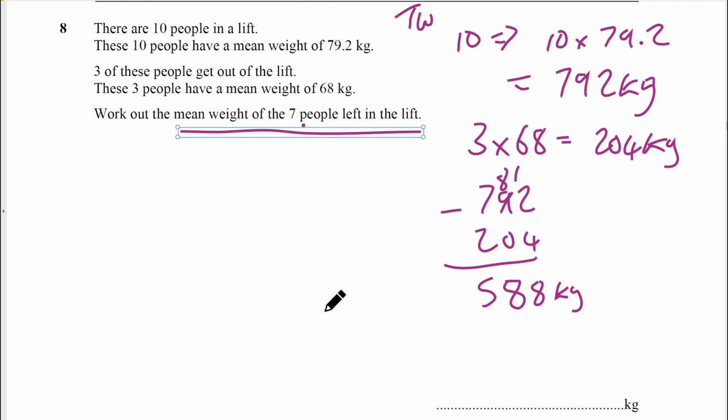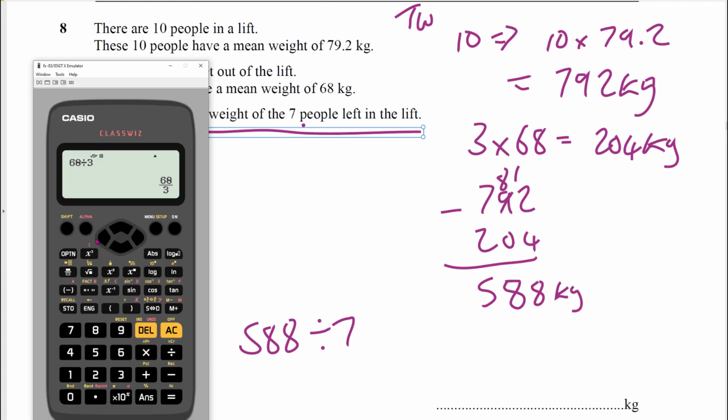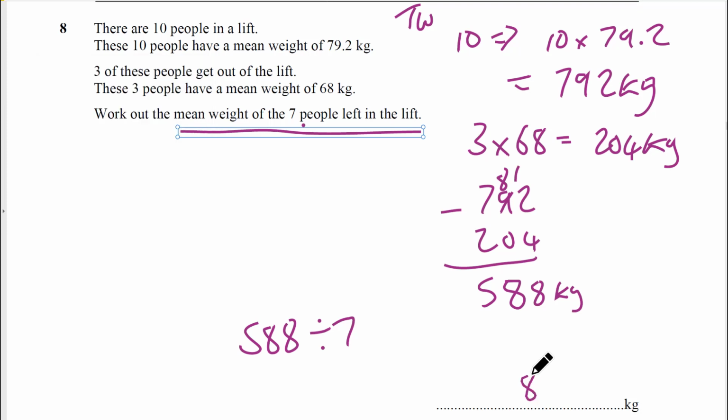But we want their mean weight, so the last calculation is 588 divided by 7. That's 84 kilos. That's quite high, but that makes sense because the people who left the lift are lighter than the mean, so the 7 people left over are going to be heavier.